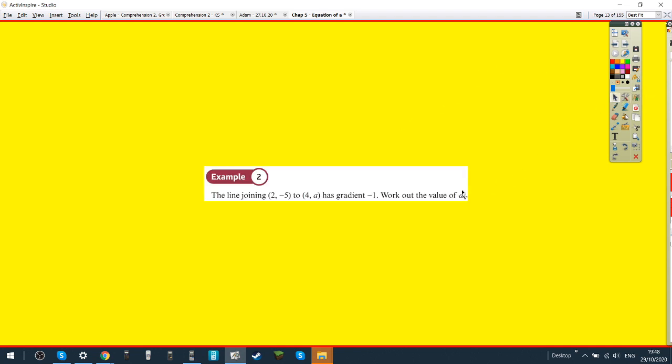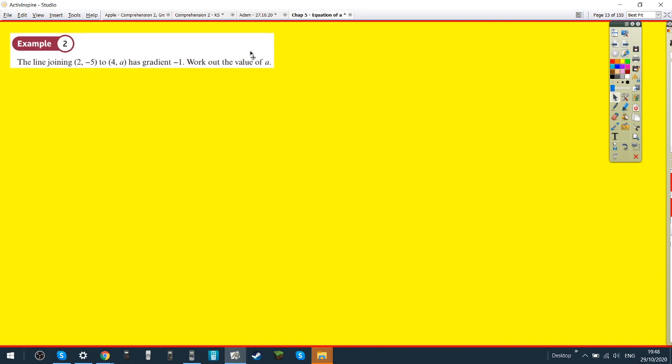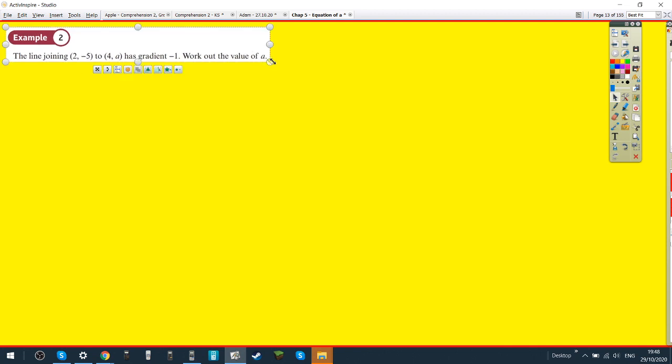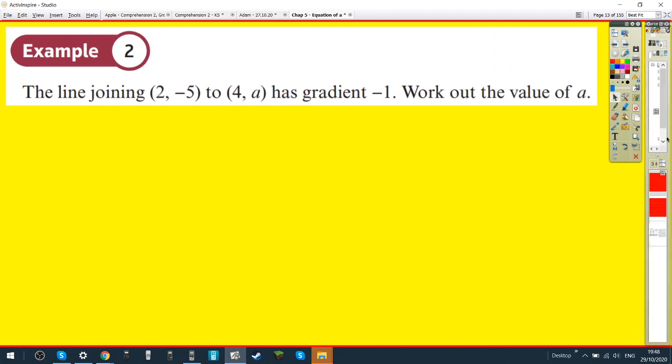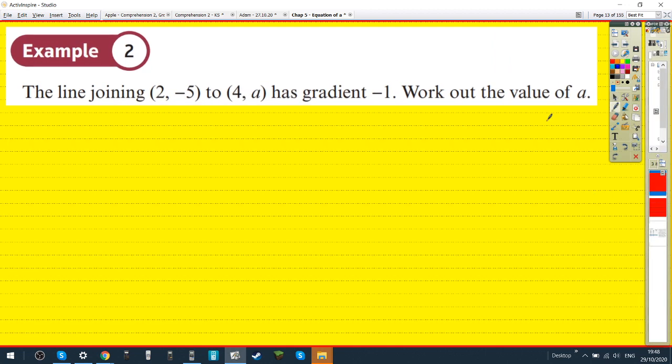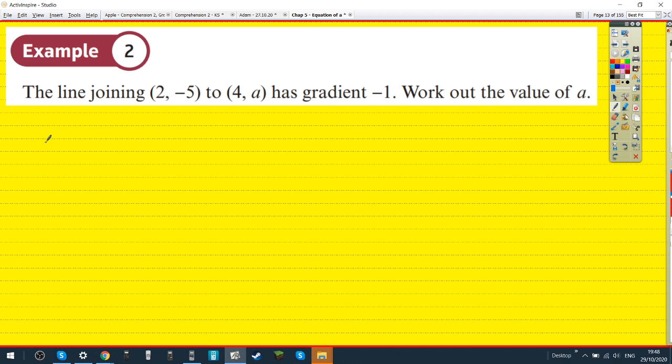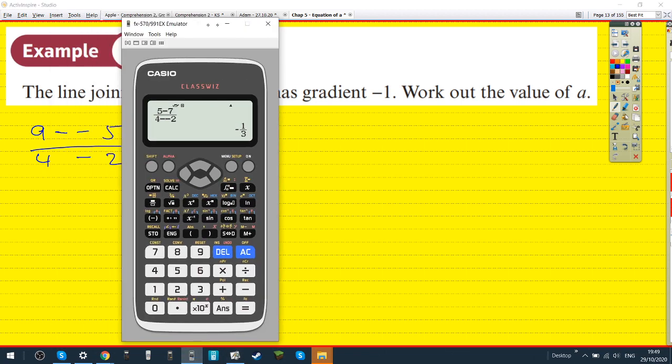How about this one? Okay. So if we had to sub them in, it would be a minus 5 over 4 minus 2, and we know the gradient's minus 1. So that would be equal to minus 1. And then you stick it in.